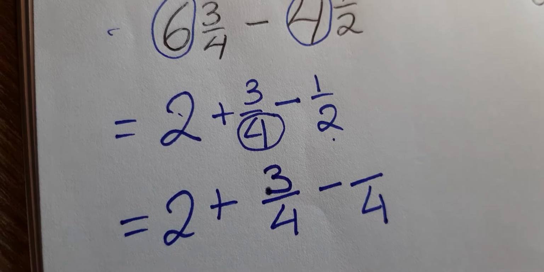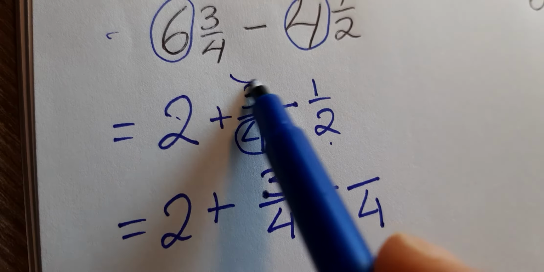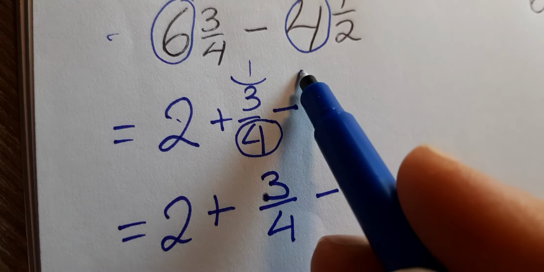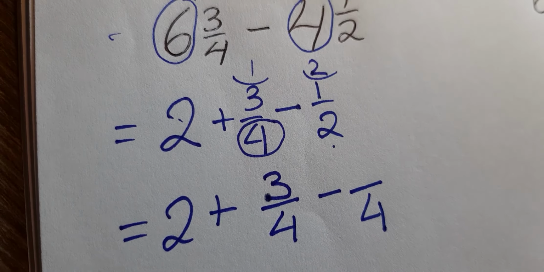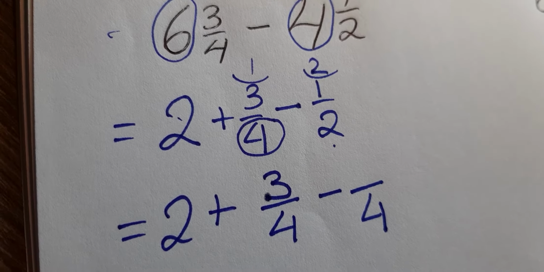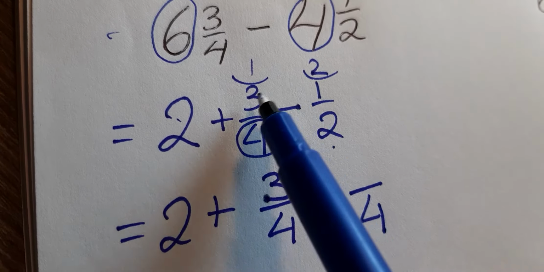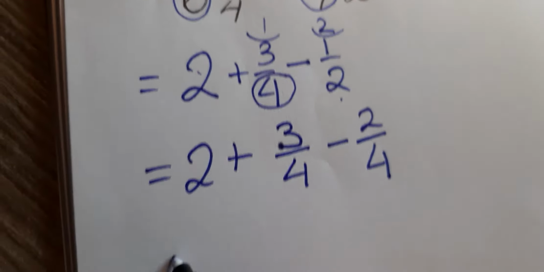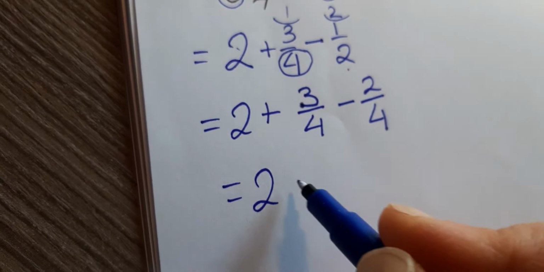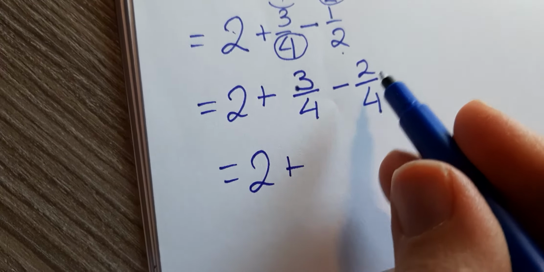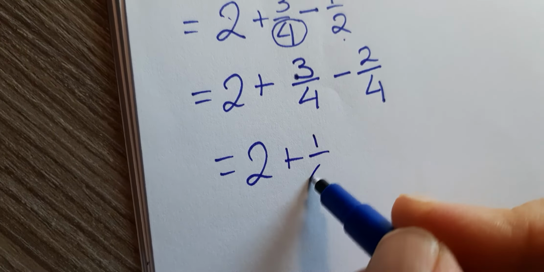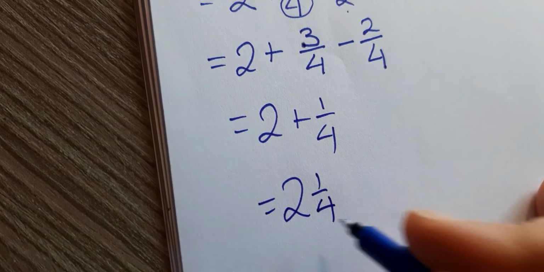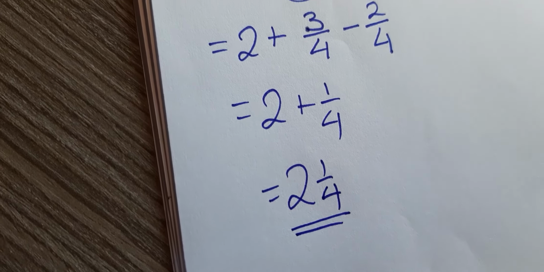Or I can say 4 goes into 4 once, put the 1 there. 2 goes into 4 twice, put the 2 here. This is 2 times 2 makes 4. And then we just multiply: 1 times 3 is 3, 2 times 1 is 2. So that equals 2 plus 3/4 minus 2/4 is 1/4. 2 and 1/4. Does that fraction simplify? No, it doesn't.